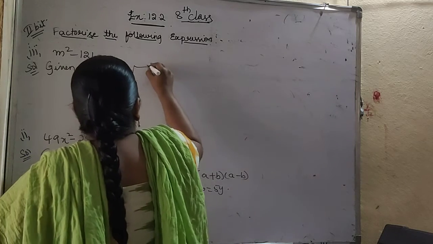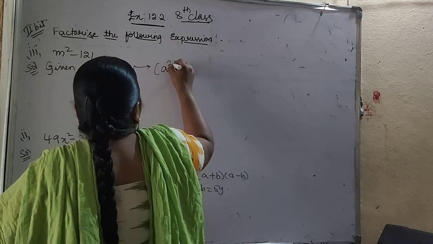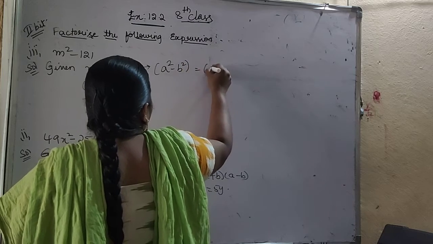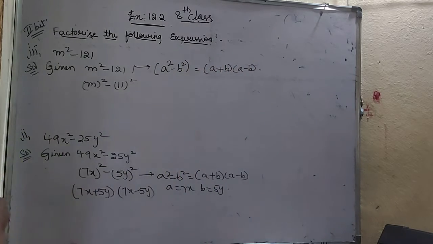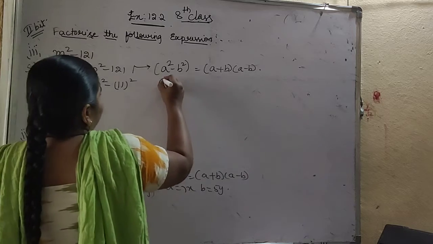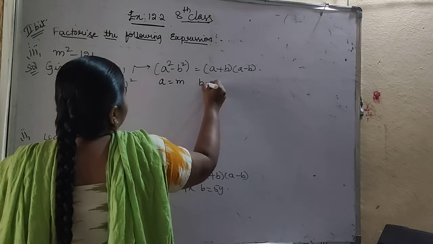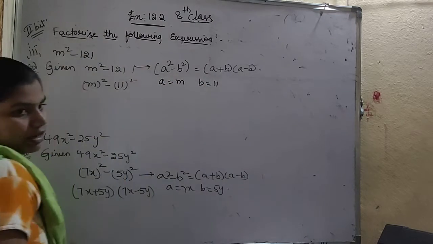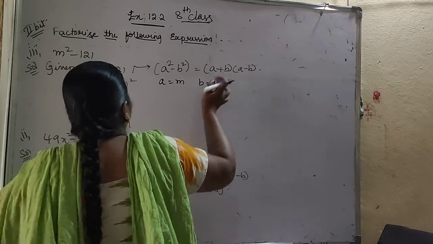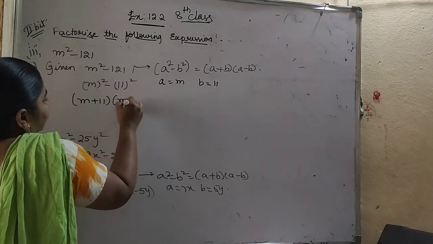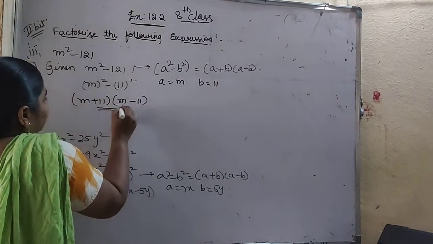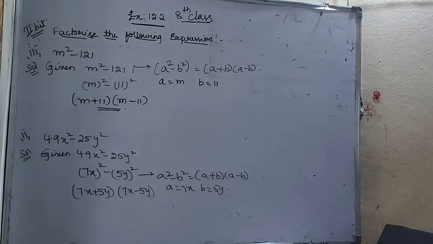Now here this has been converted to again a square minus b square, that we can write in the form of a plus b into a minus b. So what is a value? A value is m, b value is 11. So now we can split to this form, that is m plus 11 is first factor, second factor is m minus 11. So this is our third solution.